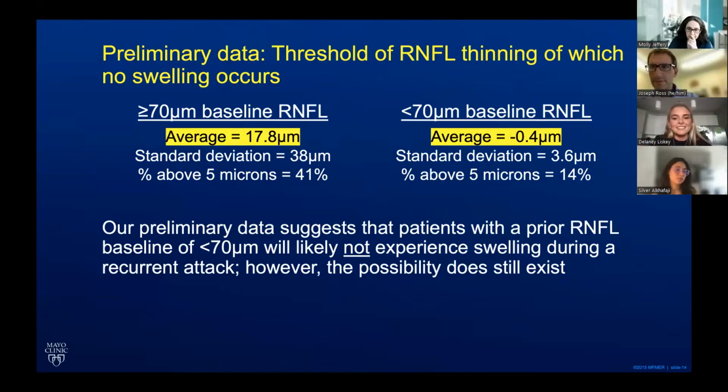On the right-hand side, we can see that patients experience little to no swelling if the baseline OCT RNFL thickness is less than 70 microns. These results excitingly suggest that OCT may be sensitive in confirming recurrent bouts of optic neuritis in patients with a baseline of 70 microns or greater.